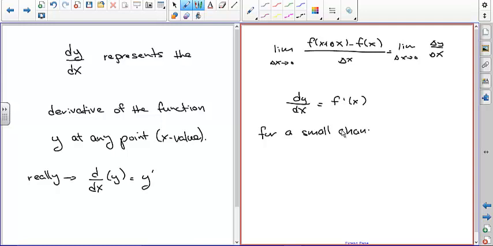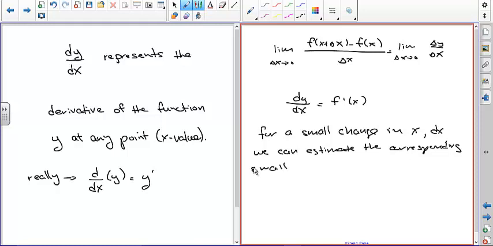But if we actually define the dx as a small change in x, then for a small change in x, dx, we can estimate the corresponding small change in y.